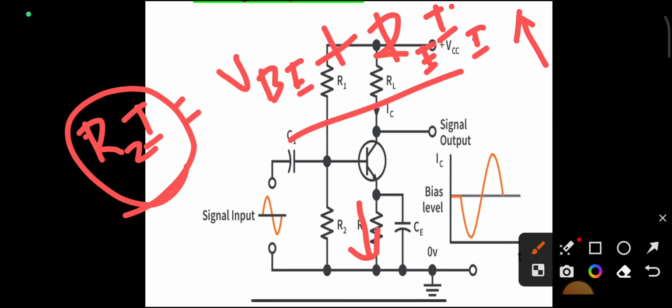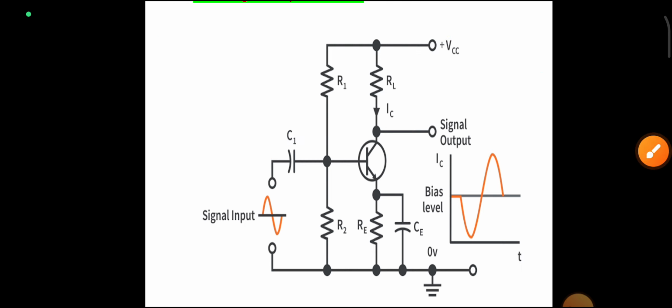So when the RE IE voltage increases, VBE decreases. When the voltage across RE decreases, VBE increases. So when VBE increases, IB increases; when VBE decreases, IB decreases. This is the main function of the voltage divider biasing.